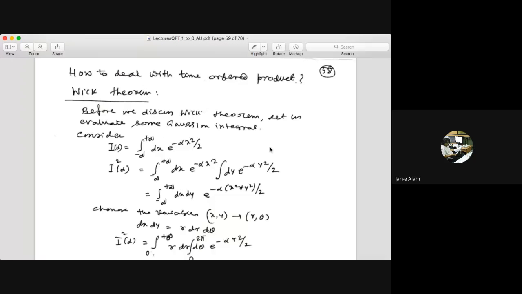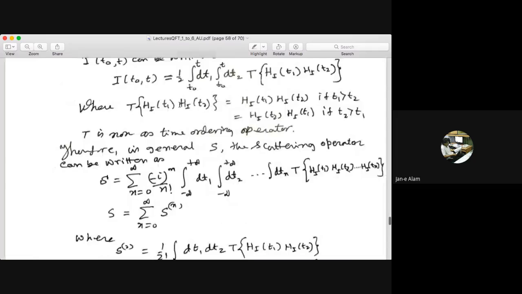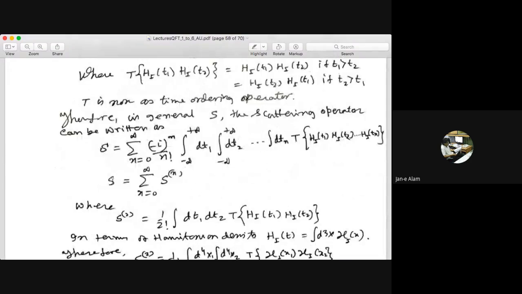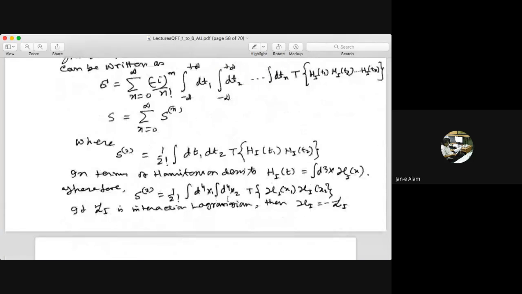Very briefly, let me tell you that I discussed Wick's theorem yesterday. Why do I need to discuss Wick's theorem? The reason is very simple. Yesterday I argued that the S matrix which I calculated contains a time ordered product. Each interaction Hamiltonian, at point x1 and at point x2, appears in a time ordered product.